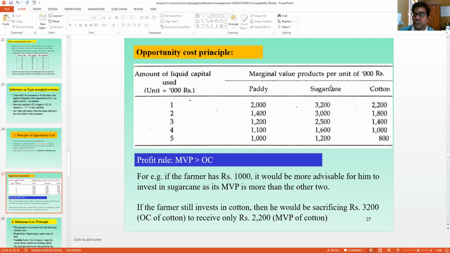Here the opportunity cost of sugarcane is 1,100. If the farmer takes up paddy, he'll be getting 1,100, but the opportunity cost is 1,600. That is the return sacrificed. So if the farmer had taken up paddy, he would have sacrificed 1,600. In this case, the opportunity cost would have been more than the returns. Right.